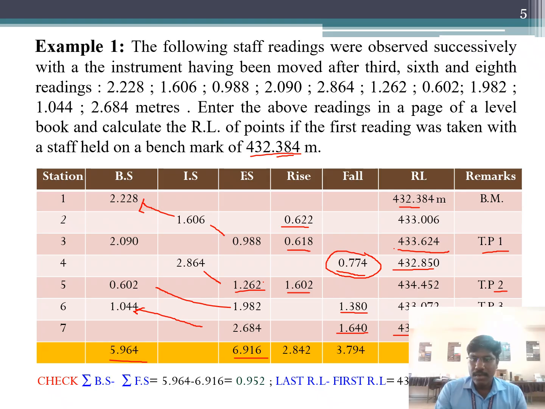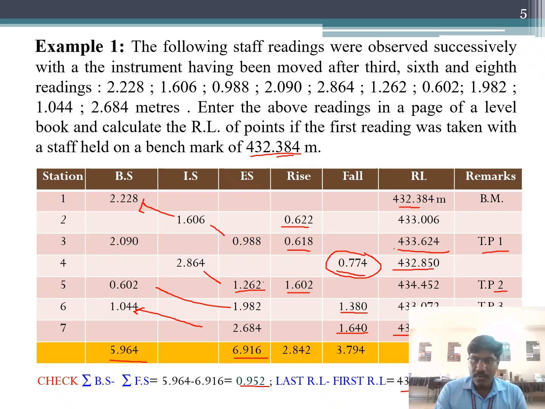The difference of last RL minus first RL is 0.952, which is equivalent to the summation of backside minus the summation of foresight. You can see the difference of backside and foresight is also 0.952.